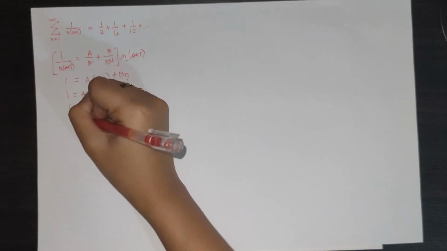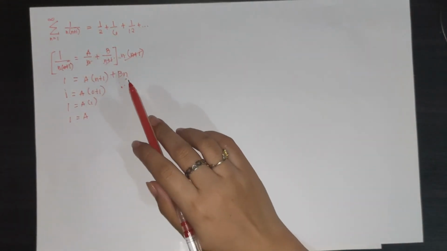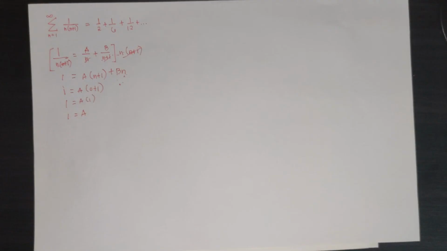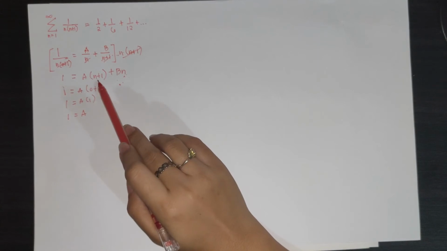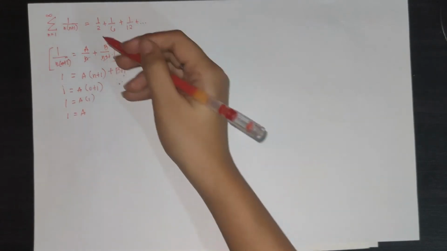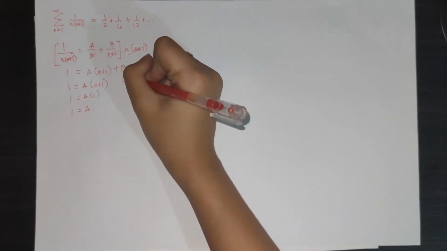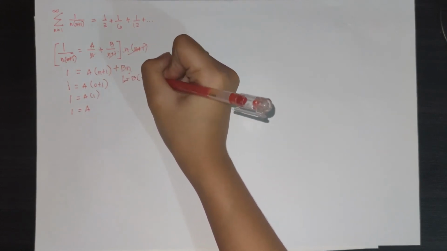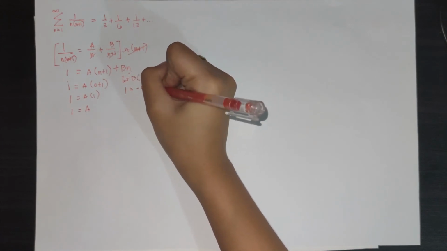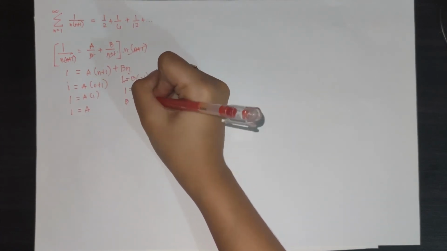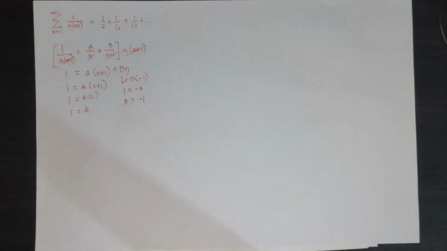So a is equal to 1. Now, when n is negative 1, a times n plus 1 will disappear. So 1 is equal to b times negative 1. 1 is equal to negative b. So b is equal to negative 1.